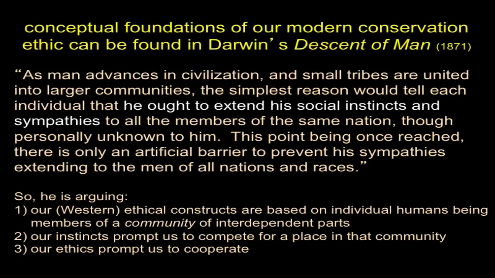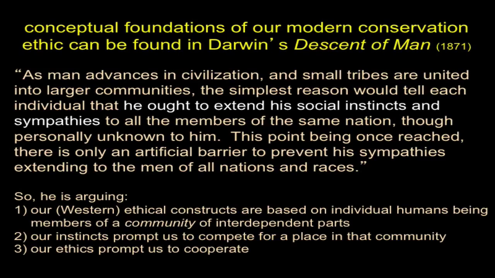So Darwin is arguing that the Western ethical constructs are based on us being a member of a thing larger than us, being a member of a community. That's where our focus is, and that our selfish instincts, according to Darwin, prompt us to want to be selfish, and we use ethics to sort of act as a check on our initial instincts and make sure that we're caring about the community in one way, shape, or form.